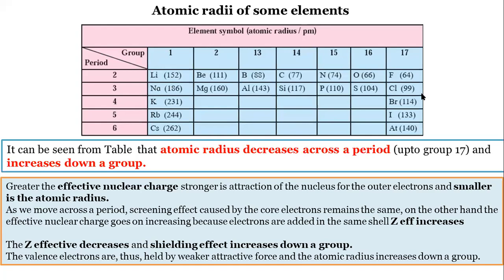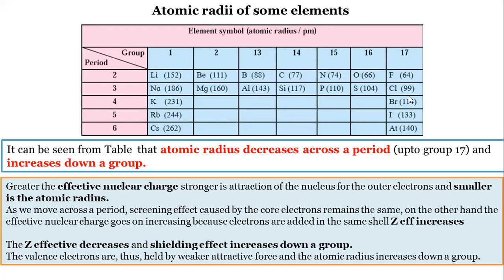So what is the effect of that? Effective nuclear charge increases. As the electron is added in the same shell, what is happening?